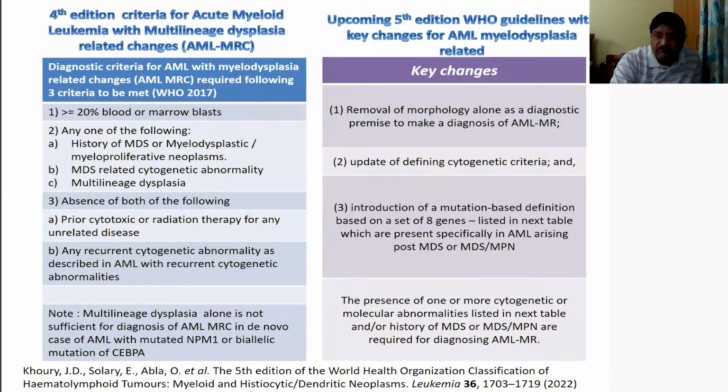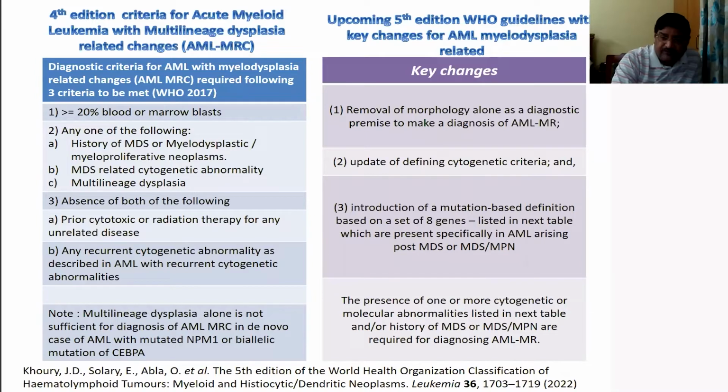But if you go to the fifth edition, removal of morphology alone means you need not have multilineage dysplasia for a diagnosis of AML myelodysplasia related changes. If it is AML with those cytogenetic abnormalities, it will be AML-MR if you find myelodysplasia related cytogenetic abnormalities. So an update of defining cytogenetic criteria has happened.